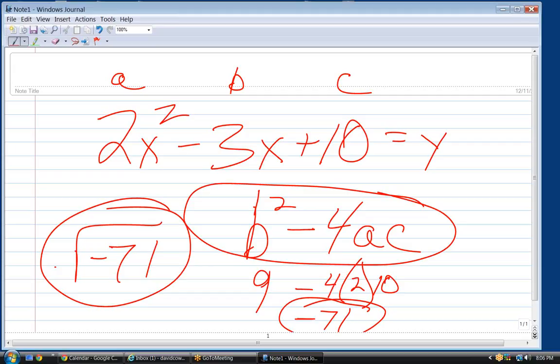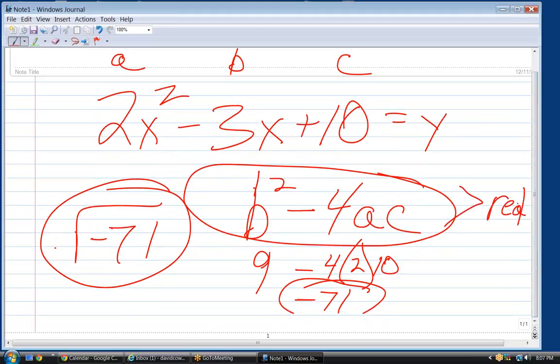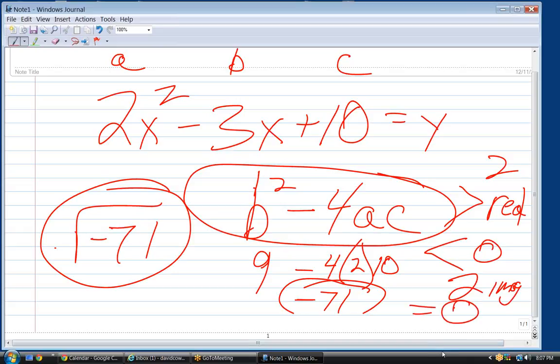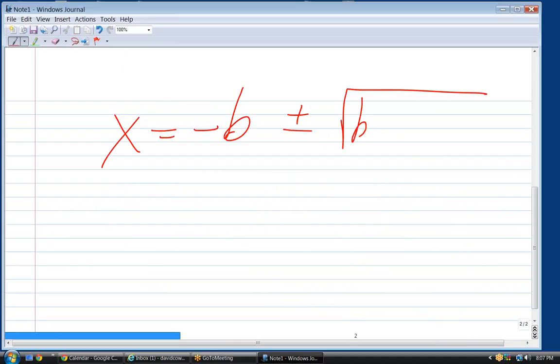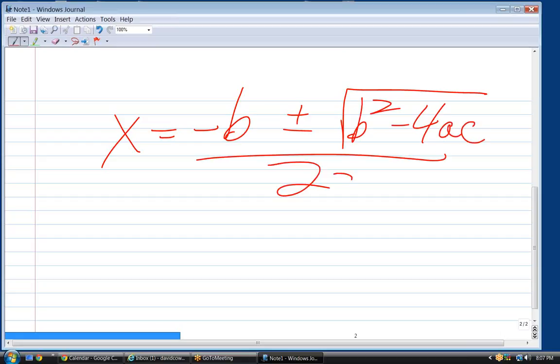If the discriminant is greater than 0, it's 2 reals. If the discriminant is less than 0, 2 imaginaries. If the discriminant is equal to 0, then you have precisely 1 real. Why? Let's look at the quadratic: x equals minus b plus or minus the square root of the discriminant, all over 2a.